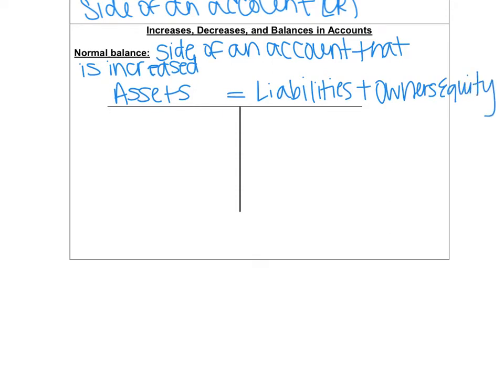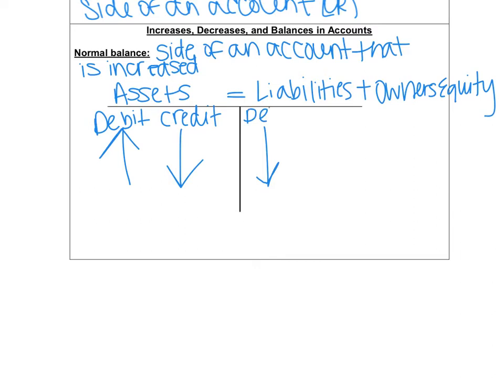So any asset is going to increase on the debit side and decrease as a credit. And then liabilities and owner's equity are opposite. So they're going to decrease as debits and increase as credits.